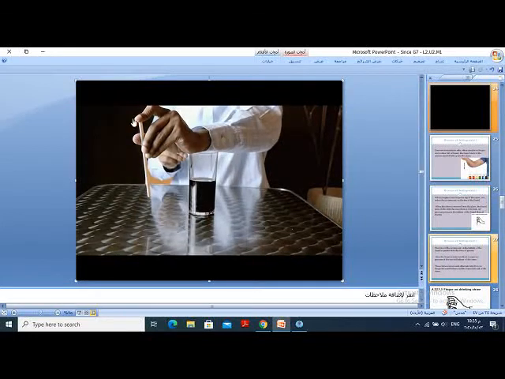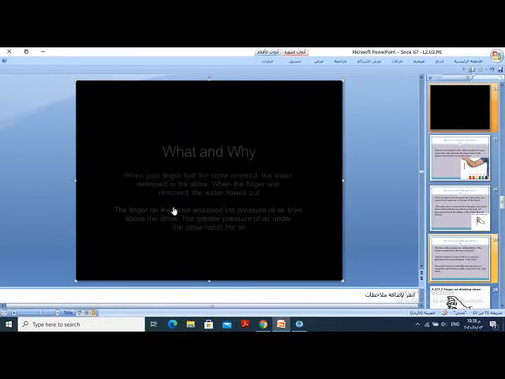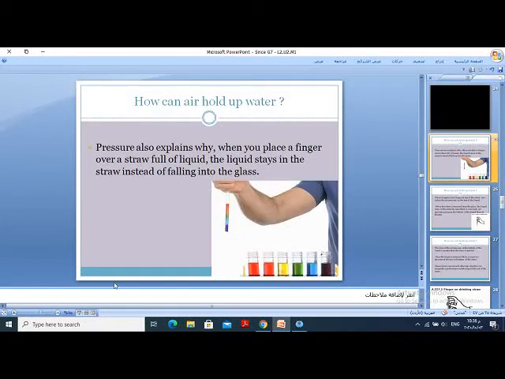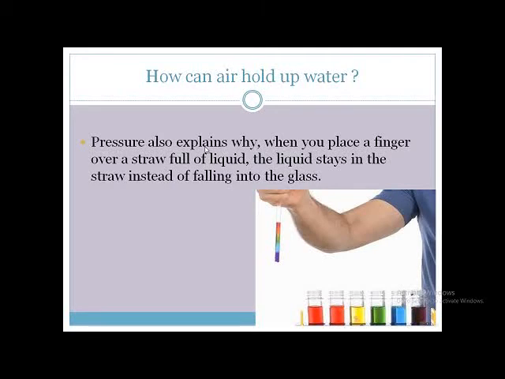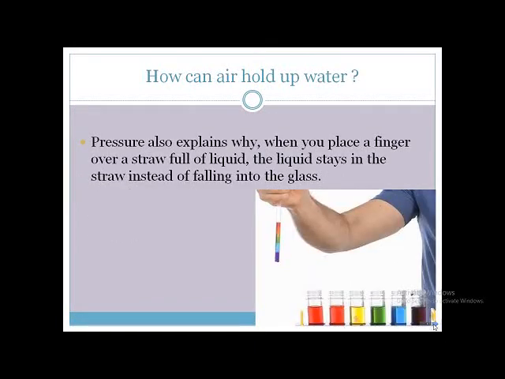He put his finger here, and when he removed his finger, the liquid fell down. So let's understand what happened. He takes the straw and fills it with any type of liquid, and then he puts his finger here, and in the end this liquid will stay inside the straw and will not fall down.